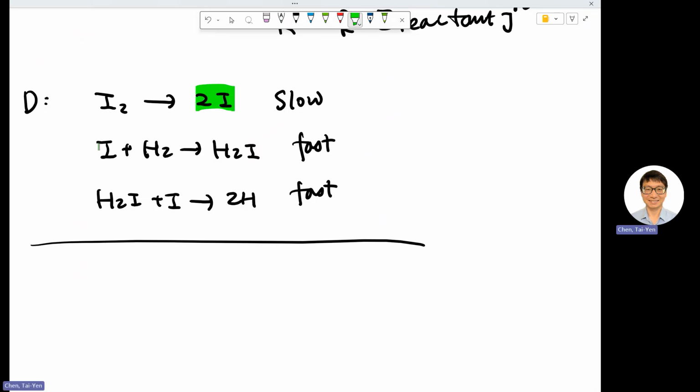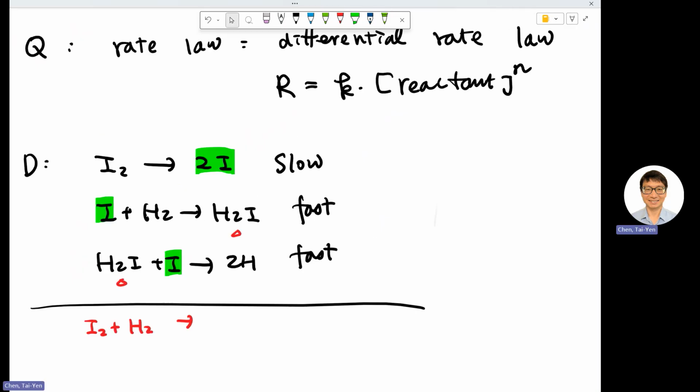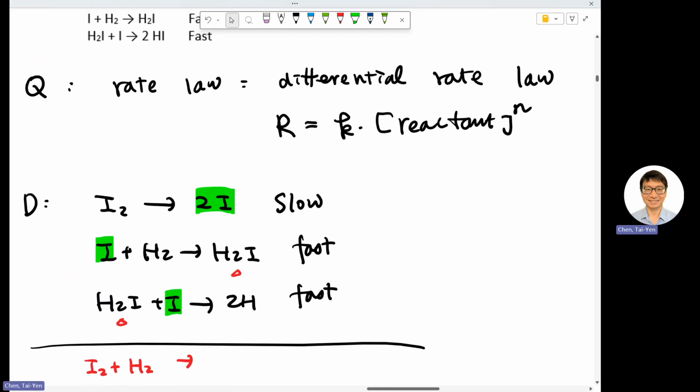You have 2I here, 1I here, so those will cancel out. H2I on the reactant side and H2I on the product side will cancel out. So what you end up with for your target equation will be just I2 plus H2 giving 2HI.